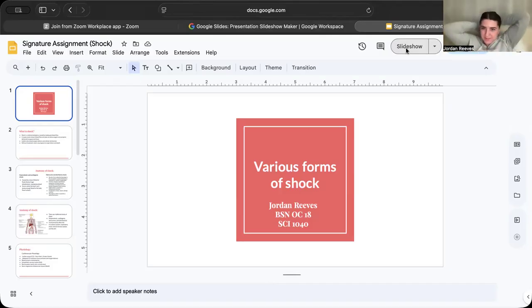Compensatory mechanisms. The sympathetic nervous system releases the norepinephrine, which then causes the vasoconstriction. So it closes it really, really tight. The B1 receptors then activate and they activate the heart rate.